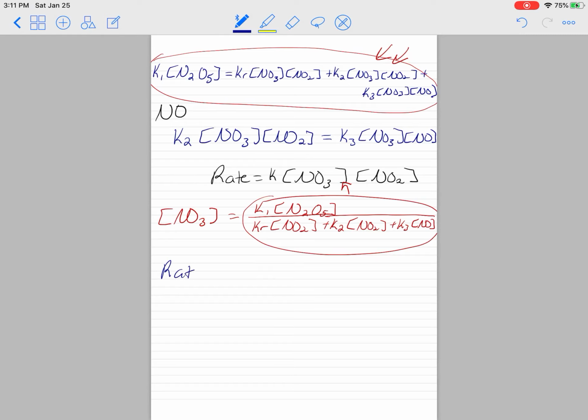And so what we'll end up with is going to look like this, where rate is equal to k times what's taking the place of the concentration of NO3, and all of that, of course, is still multiplied by the concentration of NO2 because we haven't done anything to get rid of that one yet.